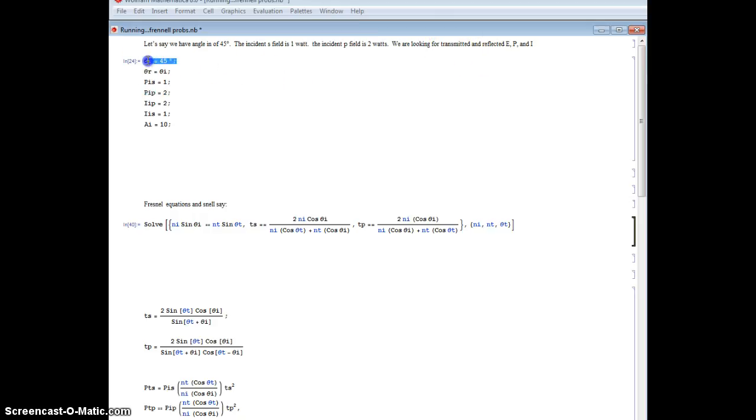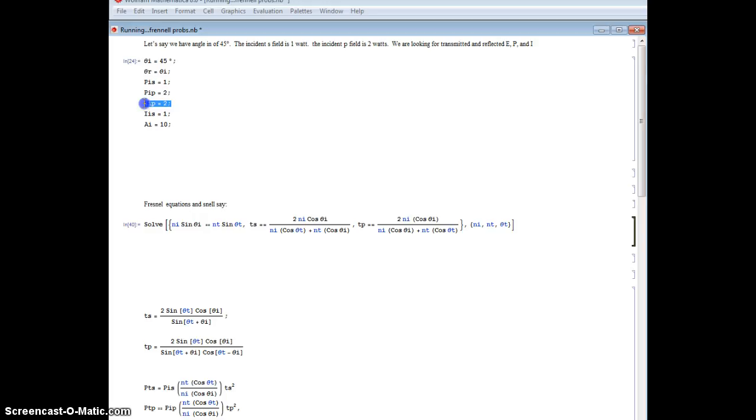So I got my conditions here. Theta I is 45 degrees. Theta R equals theta I, that's angle in equals angle out. And then we have PIS, PIP, and I is the intensity of P. Now we know that intensity equals power times area.